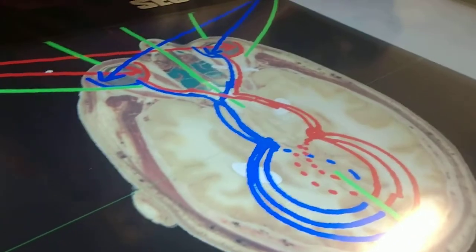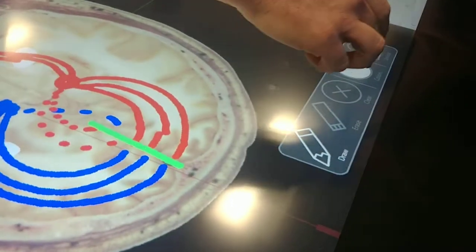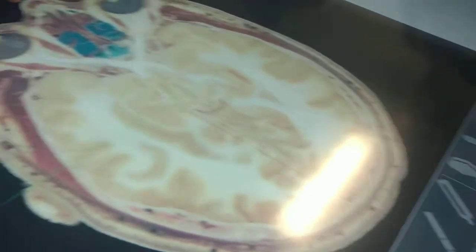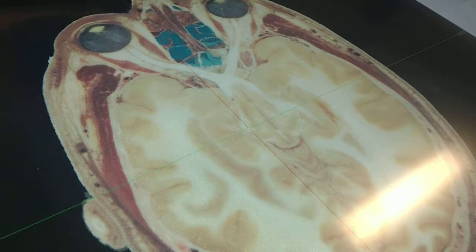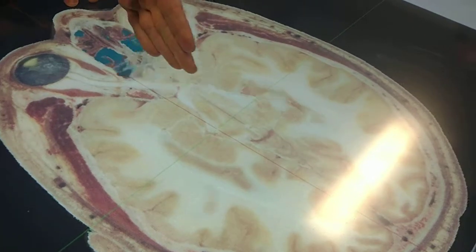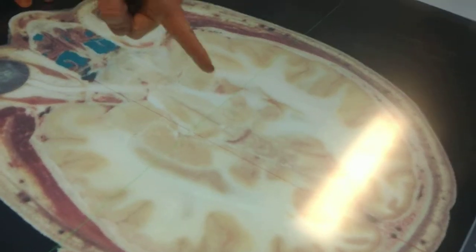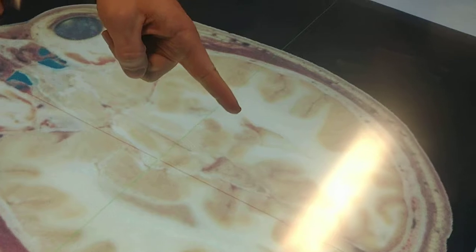Yep. All right. So the cool thing about this is that you can actually see this pathway here. So I'm going to erase this, so I hope that's okay with everybody. If you watch right here in the optic chiasm, watch the optic tracts leave the optic chiasm, and you'll actually be able to see them bounce out. Here are those white fiber tracts. They join and come right over here.